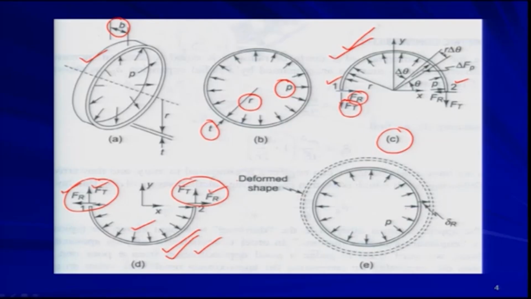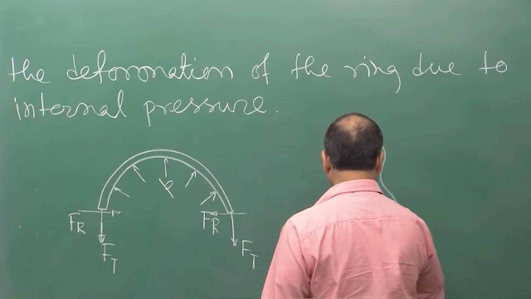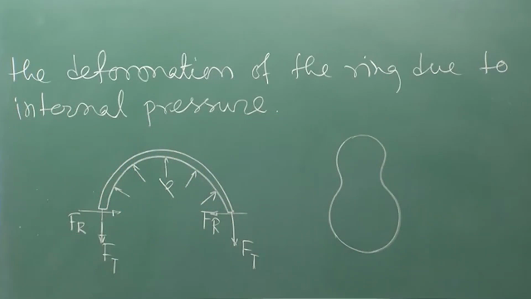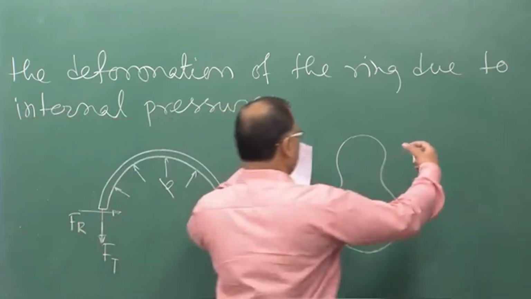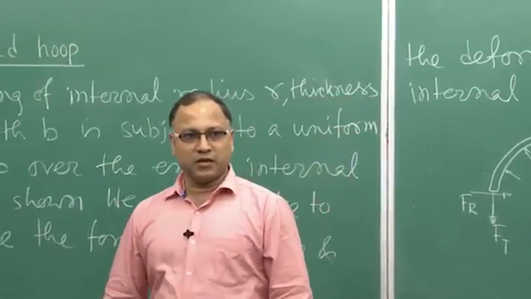So, now what you are understanding from this? If I consider Fr really, my hoop will take the shape like this. In the upper half the Fr is inward, so it will try to squeeze or deform in the inward direction, okay.